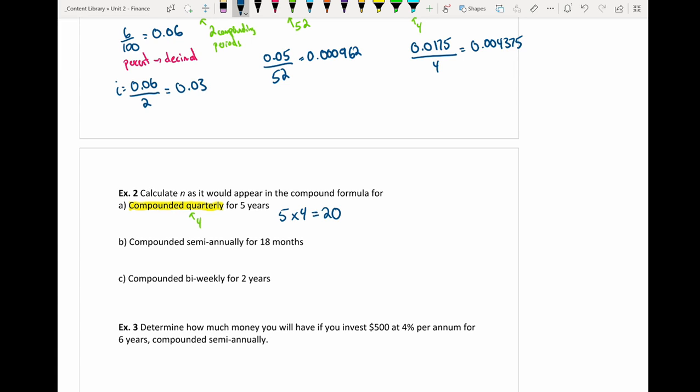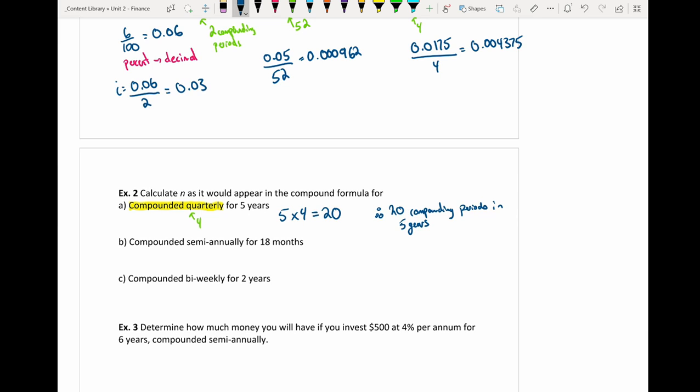So there are 20 compounding periods in 5 years. I'm not going to write a therefore statement for all of them, but just so you understand what this value actually means.